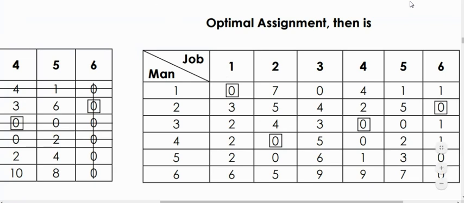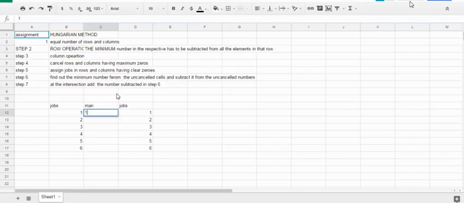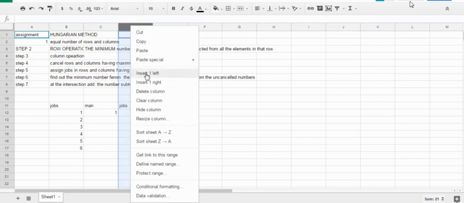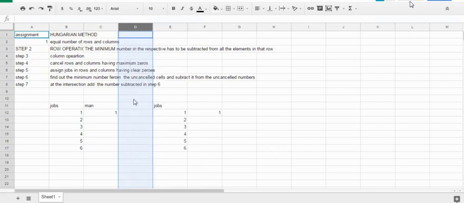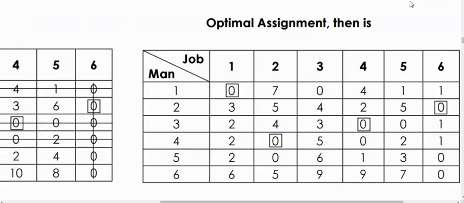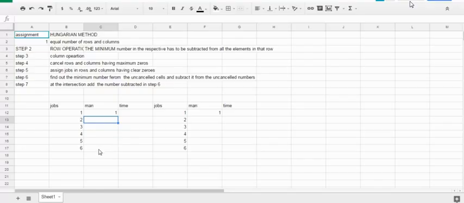So first job I am allocating to the first man. The sixth job I am allocating to the second man.